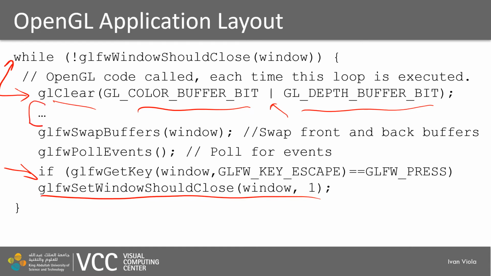Then we perform the rendering, and once the rendering is done, we call for the swapping of the buffers, and afterwards we poll for events, which might be some types of interactions. So this would be a typical scaffold for an OpenGL application, and in the following we will be looking more at how the OpenGL code looks in an application.